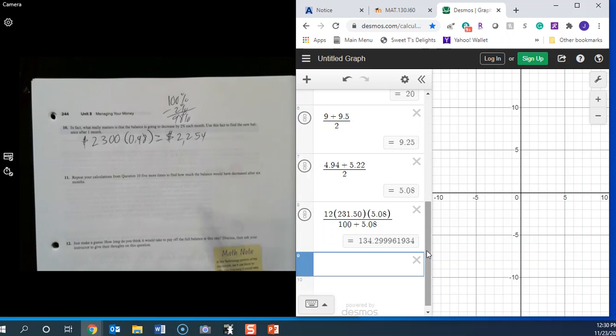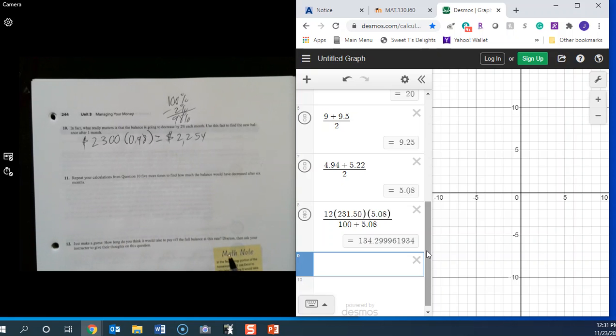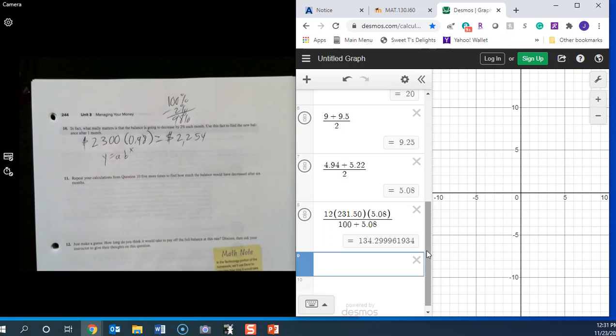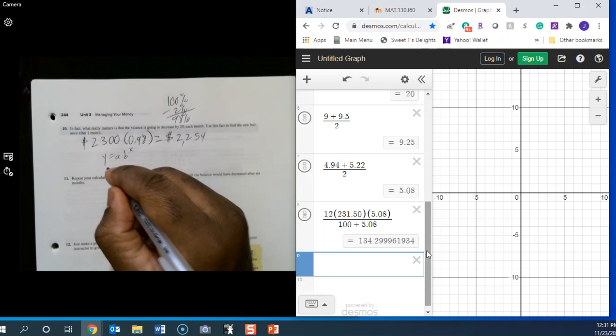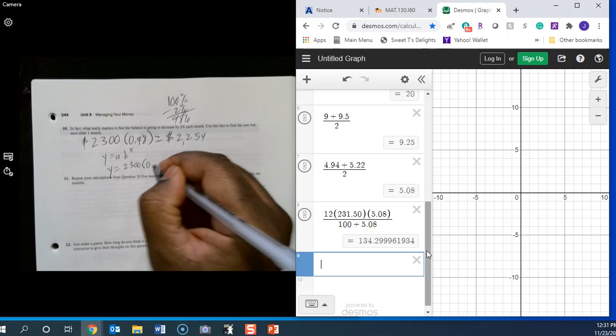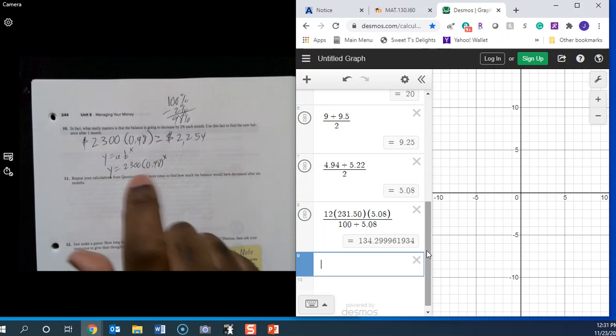If you look at this problem, it is basically in exponential decay form. Remember, y equals ab to the x. So y is equal to, the a would be 2300, the b would be 0.98, and then we don't know how much time it is.